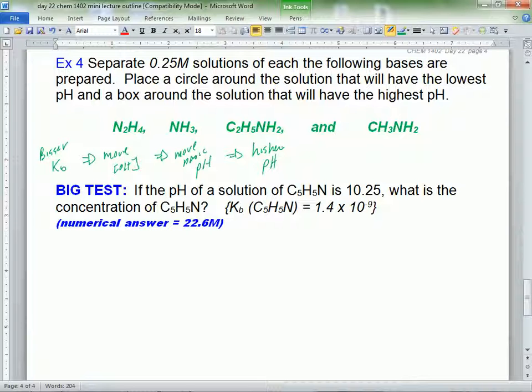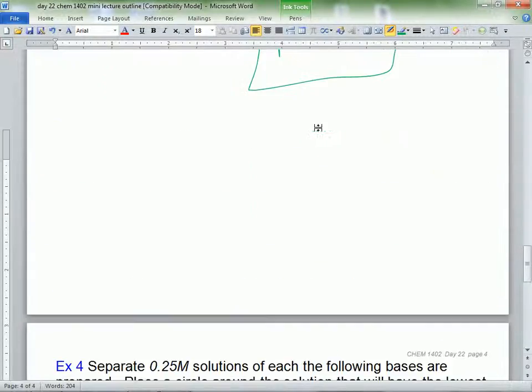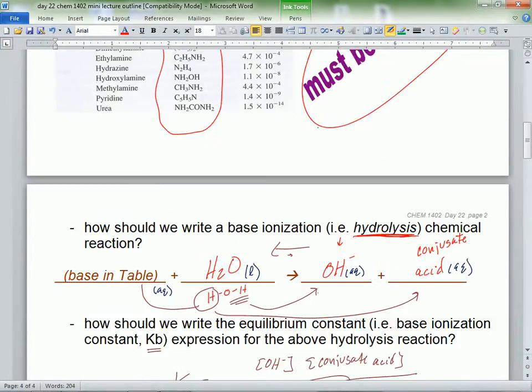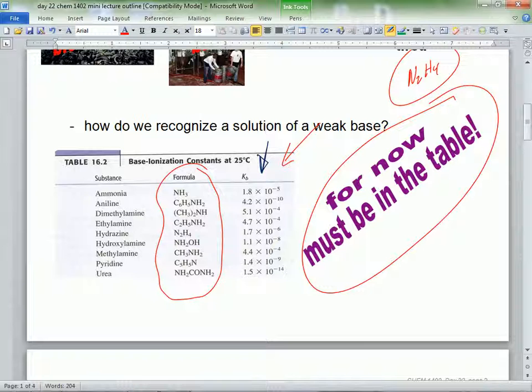So which one has the biggest Kb out of this bunch? Now you guys aren't all agreeing. C2H5NH2, ethylamine, is 4.7 times 10 negative 4. This is bigger than 4.4, this is a bigger number.